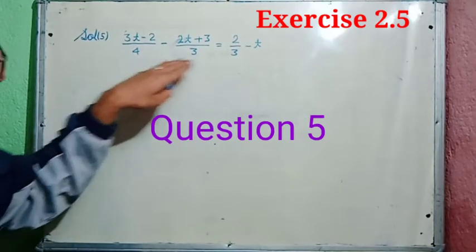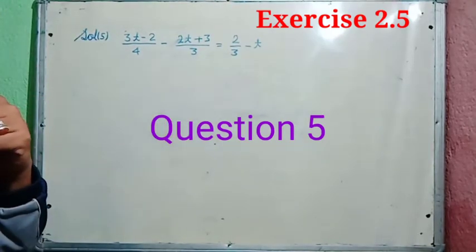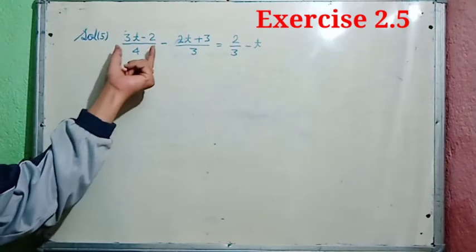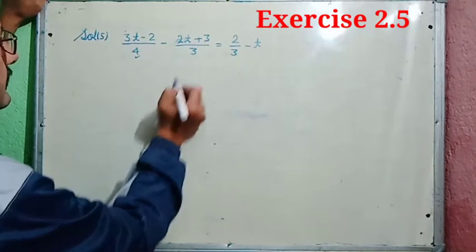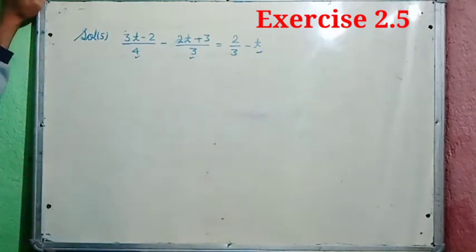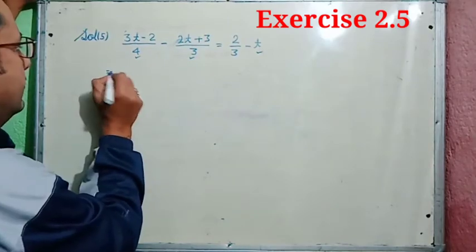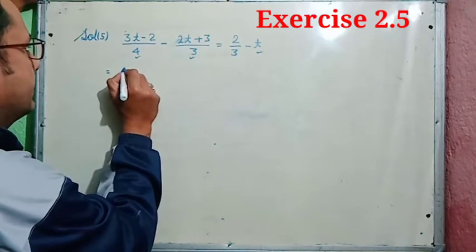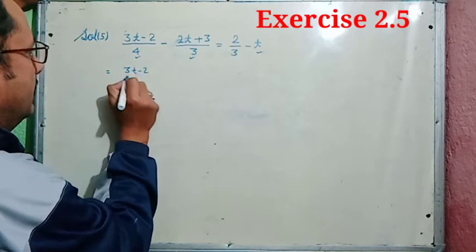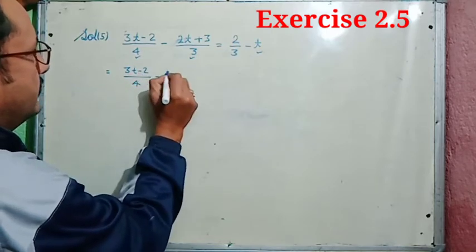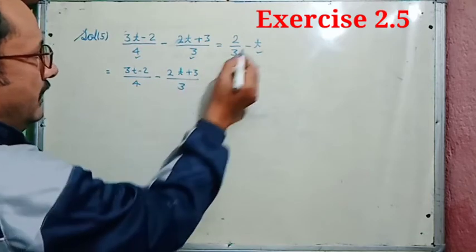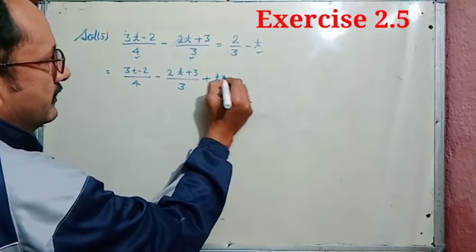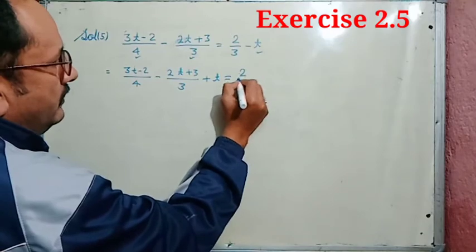Let's see, in this equation we can see we have 3 variables. First this and this and this. So we can separate these on LHS. 3t minus 2 upon 4 minus 2t plus 3 upon 3, and it will become plus t equals to 2 upon 3.